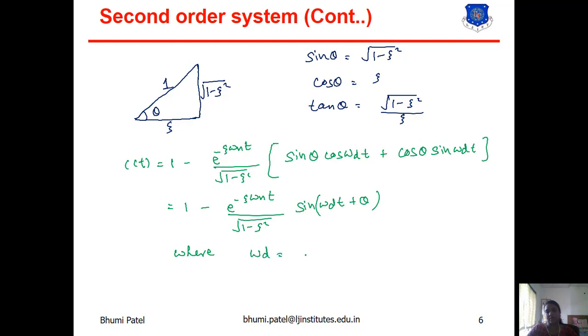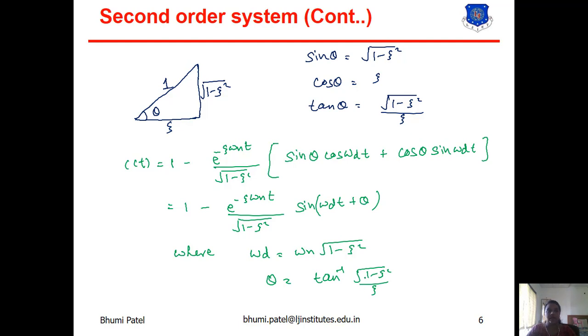omega d is equal to omega n under root of 1 minus zeta square and theta is equal to tan inverse under root of 1 minus zeta square upon zeta.